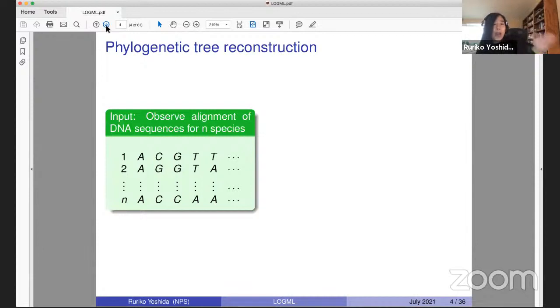So, phylogenetic tree reconstruction. In order to reconstruct one phylogenetic tree, what are we going to do? Suppose the input is a set of DNA sequences or RNA sequences or protein sequences, whatever.